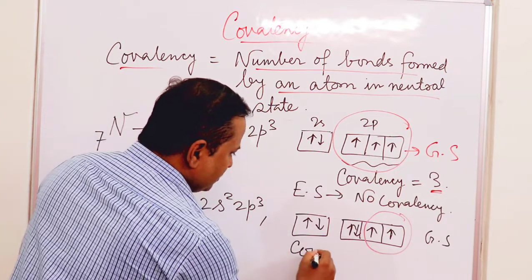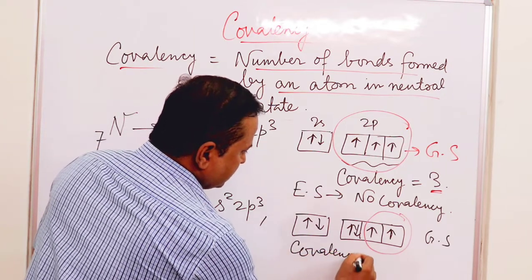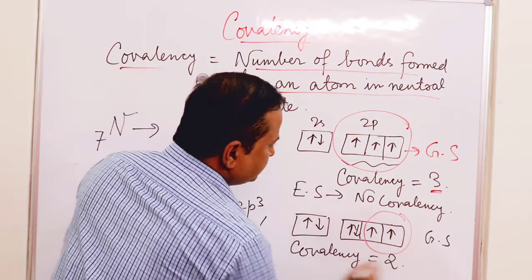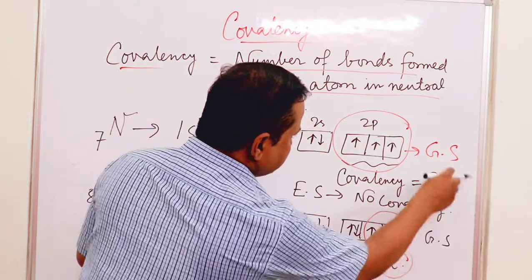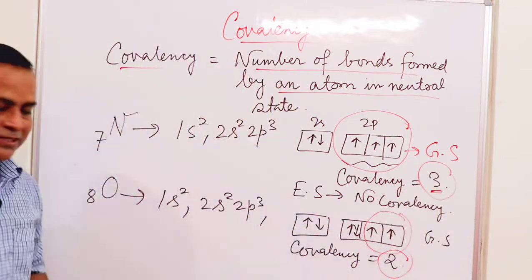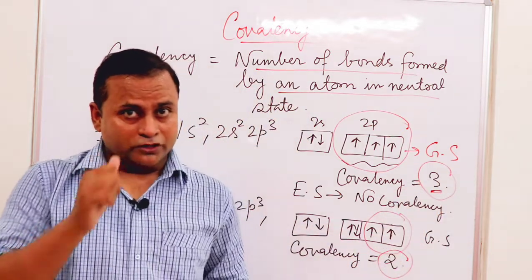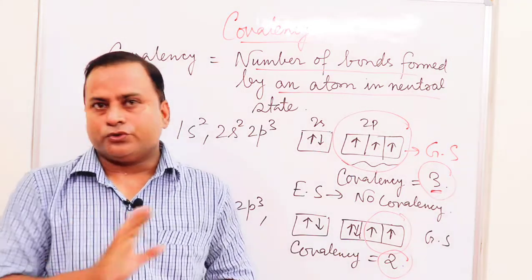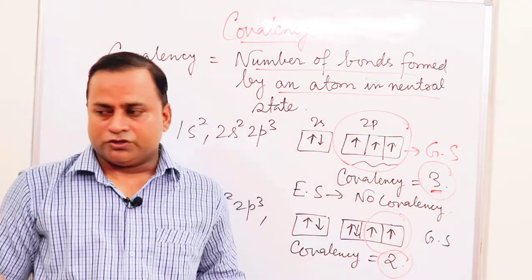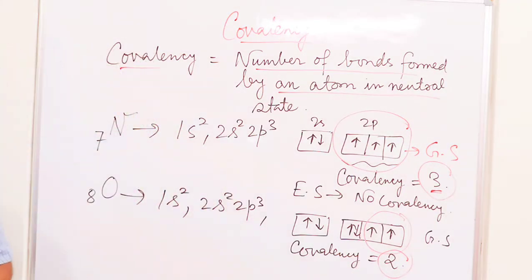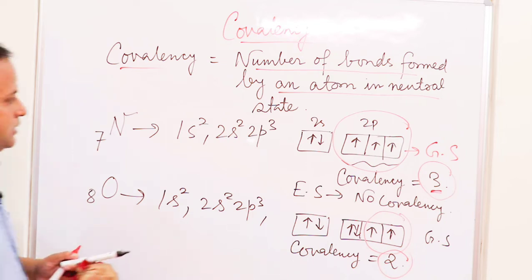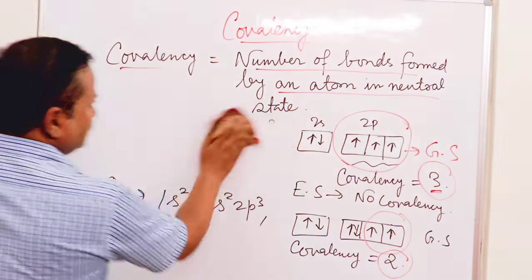So covalency of oxygen is 2. Please note this. So that means oxygen can form only 2 bonds, and in case of oxygen also there is no excited state possible because there is absence of vacant orbitals.